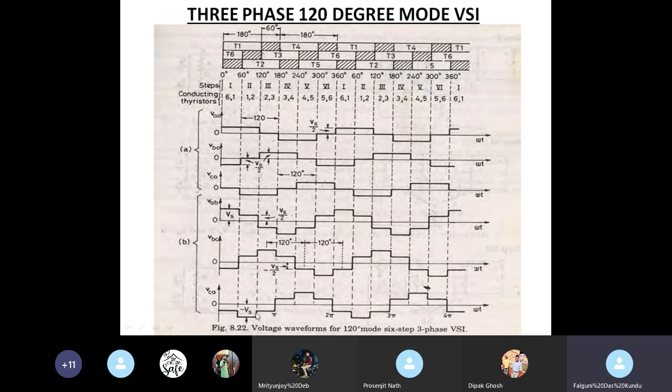After that we get VCO is minus Vs by 2 and VAO is plus Vs by 2, that is minus Vs by 2 minus of Vs by 2, that is minus Vs. And after that, 120 to 180 degree, the value of VCO is minus Vs by 2 and VAO is 0, so minus Vs by 2. And the curve continues in the same manner.